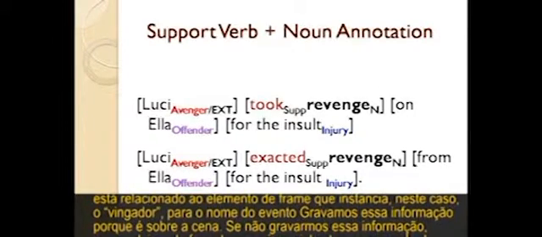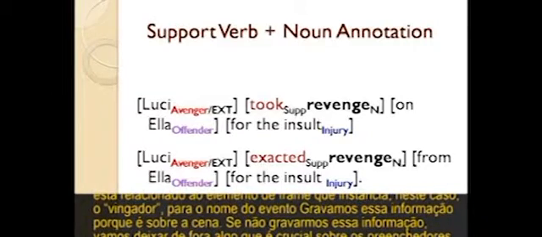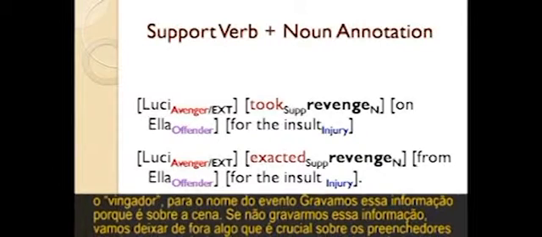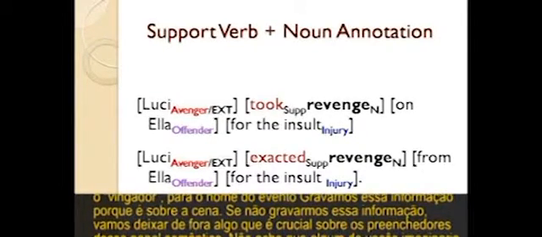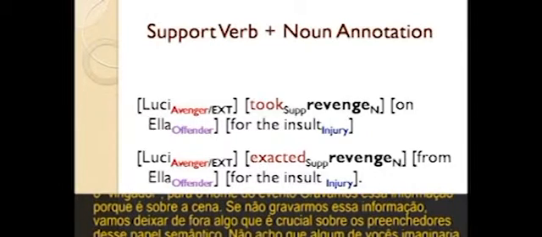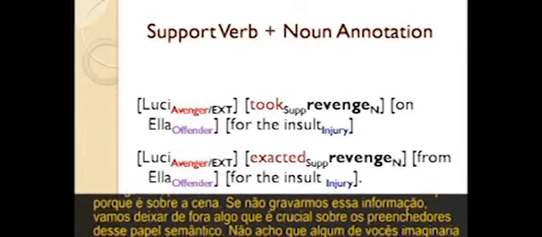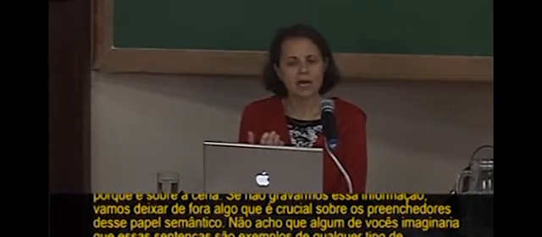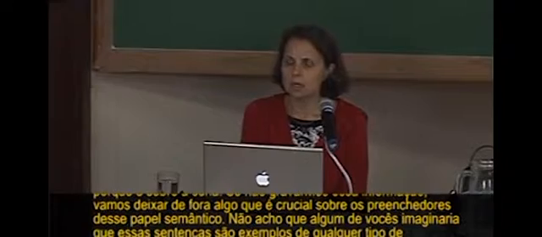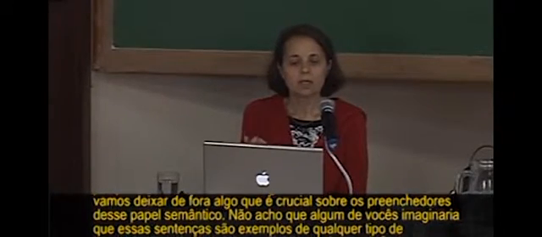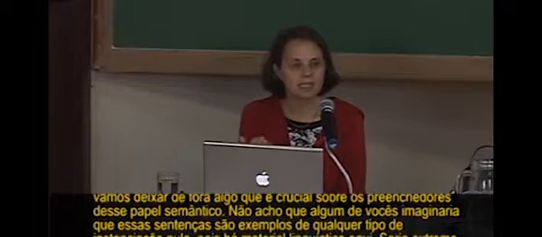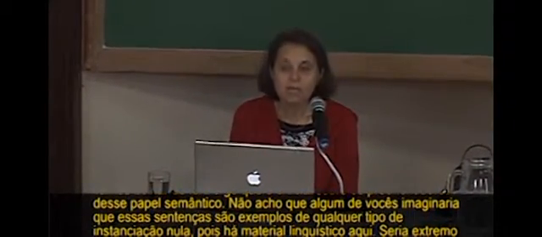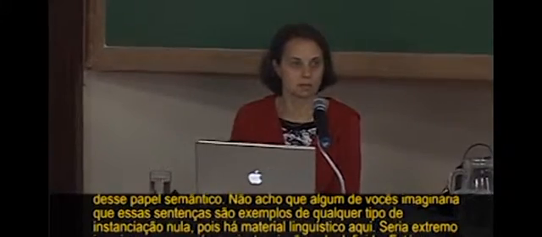We record that information because it's about the scene. If we don't record that information, we've left out something crucial about the fillers of the semantic roles, right? And I don't think anybody would imagine that these sentences are examples of any kind of null instantiation. There is linguistic material right there.